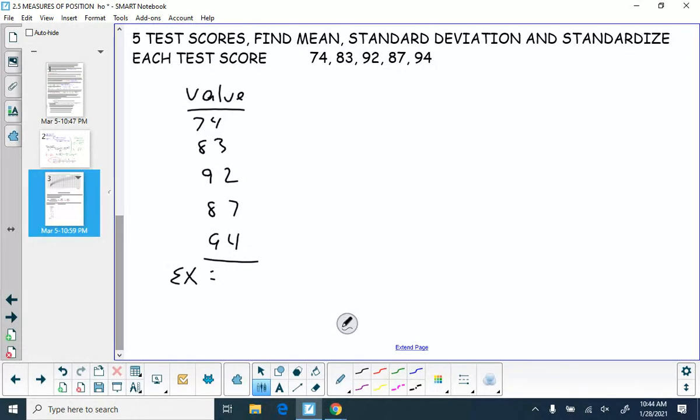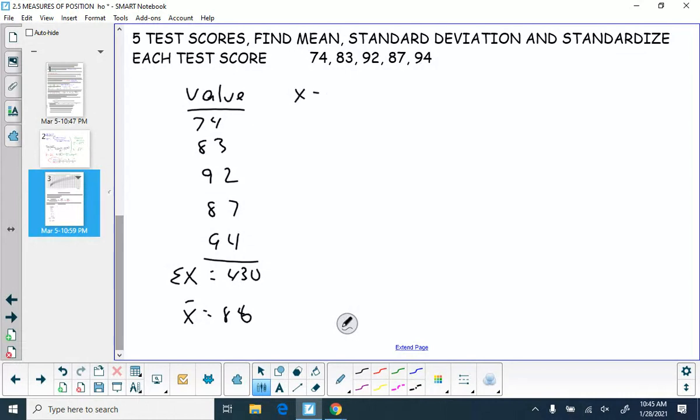What do they add up to? Throw the number out, somebody. How much? 86? What do they add up to? 430. The x bar average is 86. So the average is 86.